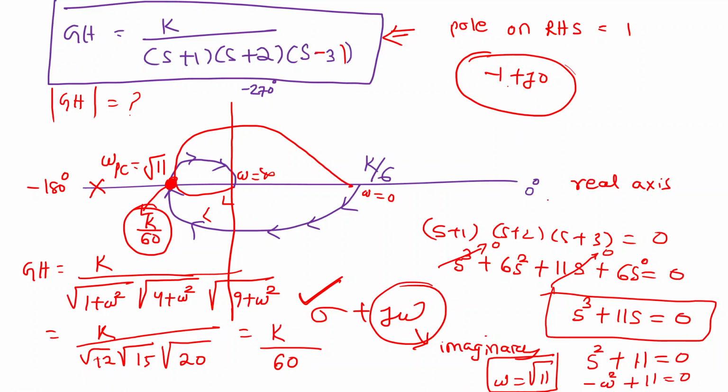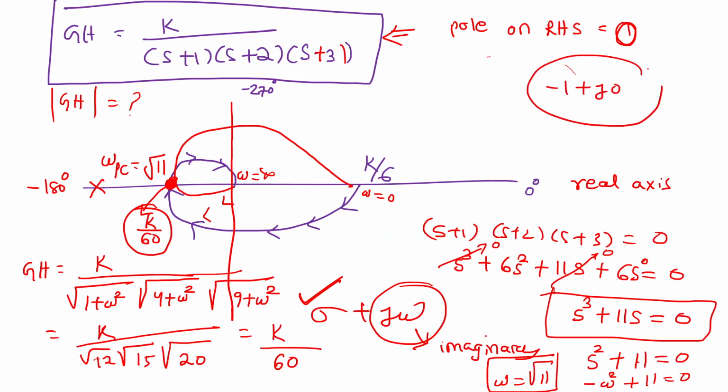Okay, sir. So for this question, our right hand side pole is 0. How many closed paths will there be around the -1 plus j0 point? 0, because the number of poles on the right hand side is 0.